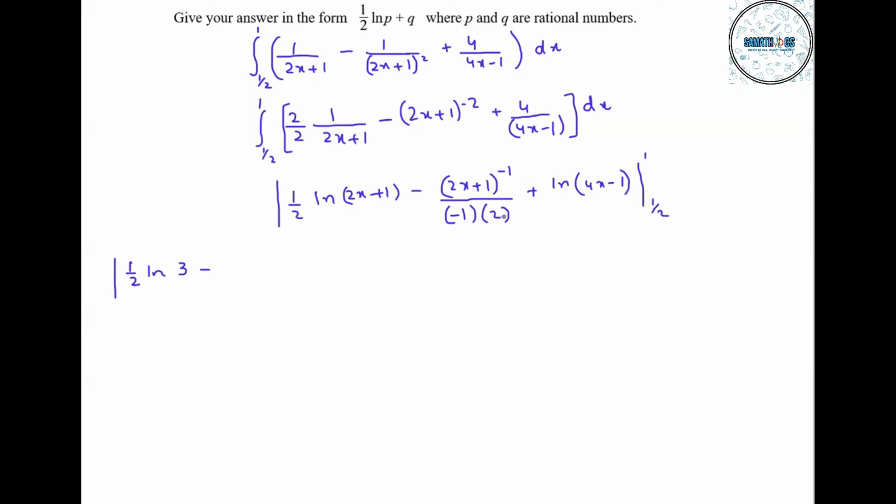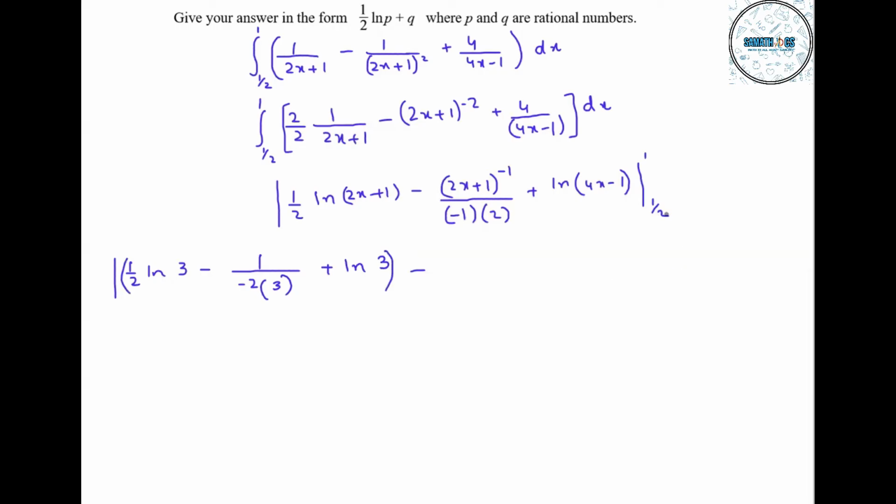So we already have here minus 2 in the denominator, so we will have here 1 upon minus 2 into, when we will substitute here 1, this will become 3. So minus 2 into 3. When we will substitute here 1, 4 ones are 4 and 4 minus 1 is 3. So it is plus ln 3.